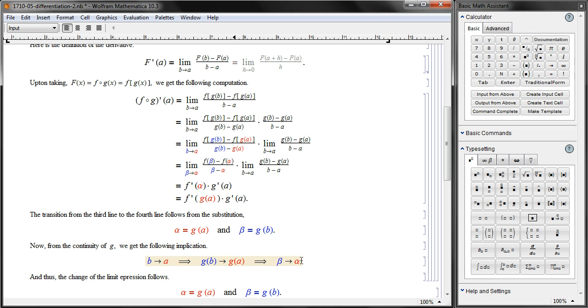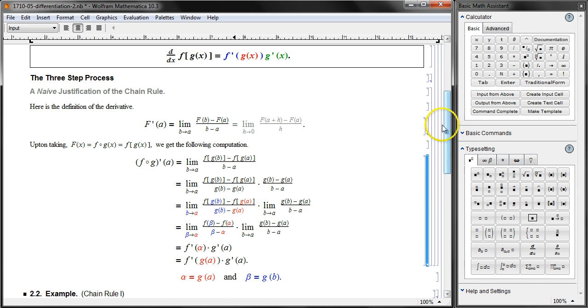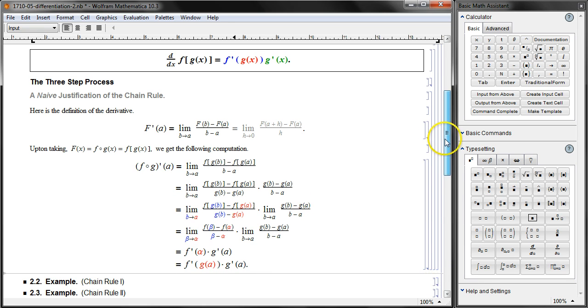That's the key. So limit b is approaching a implies beta is approaching alpha because of this arrangement, which follows from the continuity of g. That was the second issue. First issue here, second issue transition from this limit to that limit. Otherwise, everything is fine in this proof.